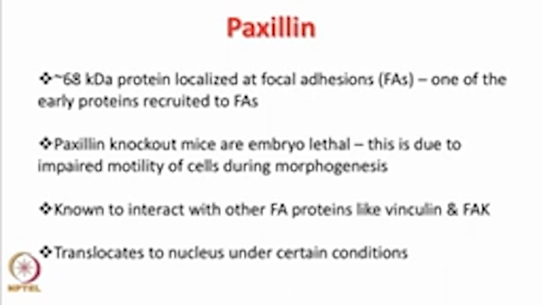So, paxillin knockout is embryo lethal, and one of the reasons being that when you knock out paxillin, then morphogenesis or development is stopped. It is known to interact with other focal adhesion proteins, and interestingly under certain conditions paxillin, in spite of being a focal adhesion protein, can translocate to the nucleus and regulate other signaling pathways.